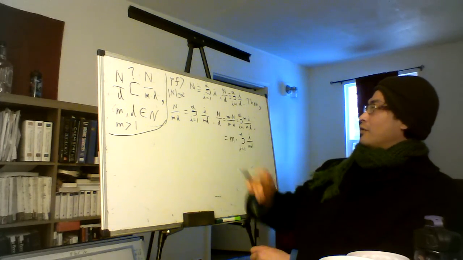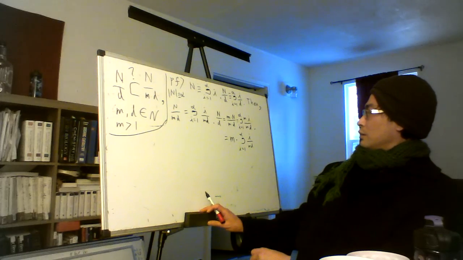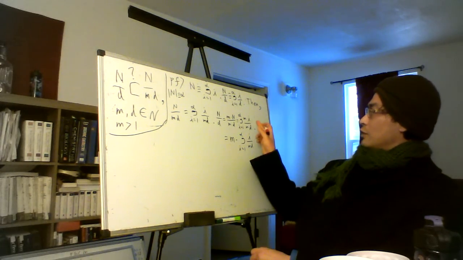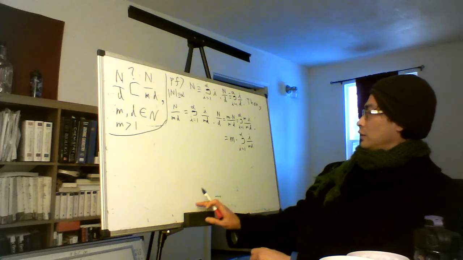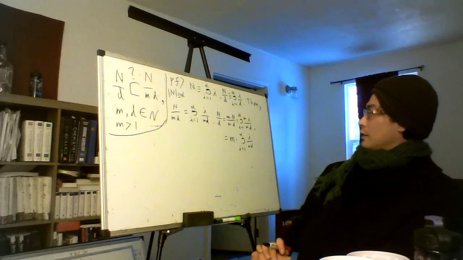By natural number we mean positive integers. So m is equal to m minus 1 plus 1.